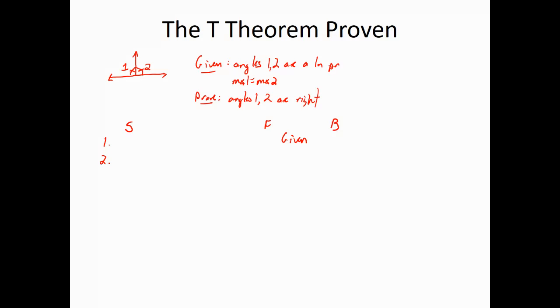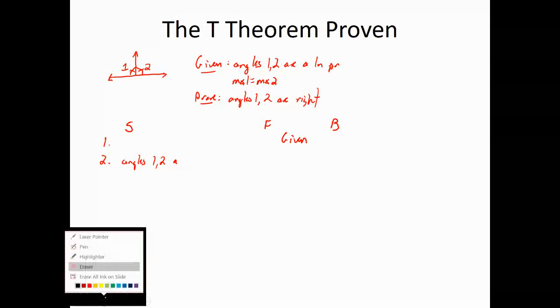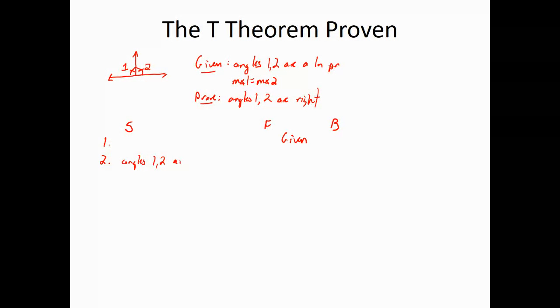And the previous theorem, the first theorem that we proved, the linear pairs theorem, tells us something about that. It tells us that angles 1 and 2 are supplementary. Ooh, let me fix that. They're supplementary. We don't have to go and reprove that again. It's already been proven once, so let us simply use that result. So that follows from the given by the linear pairs theorem.